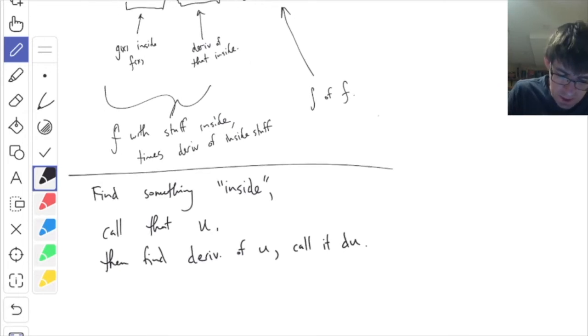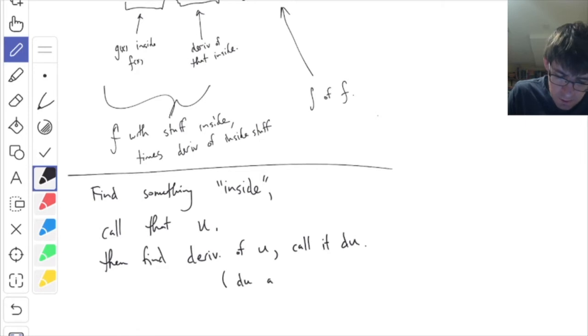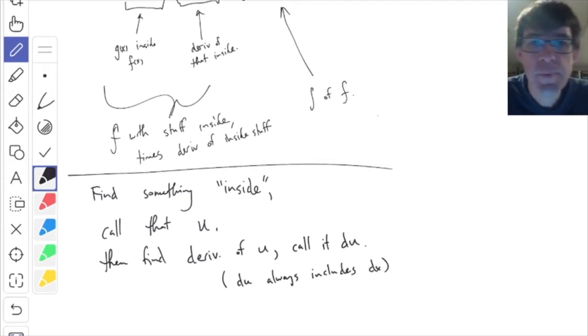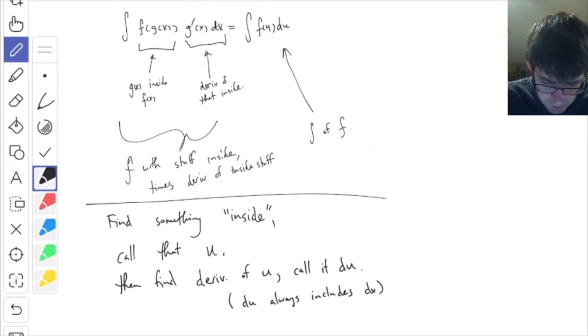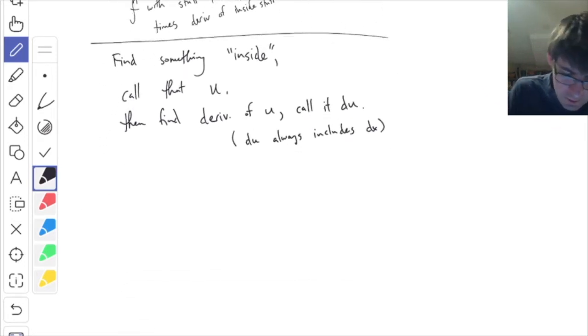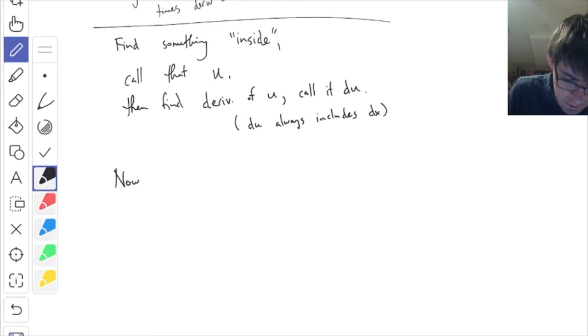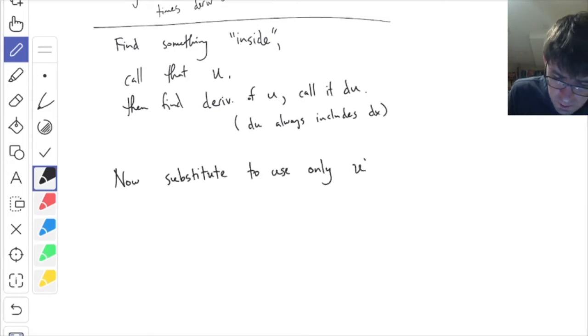And let me just say, as a technicality, this will become clearer in a moment, that du always includes dx. You'll see what I mean by that in a moment. And then what we do is try to substitute to use only u's and du's in the integral.